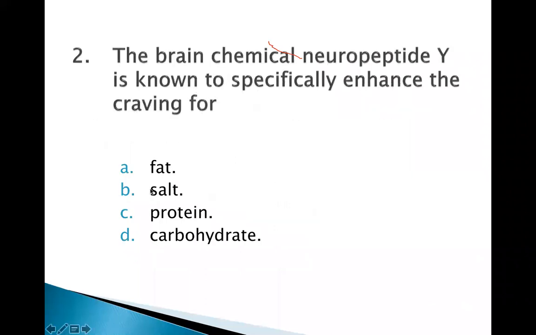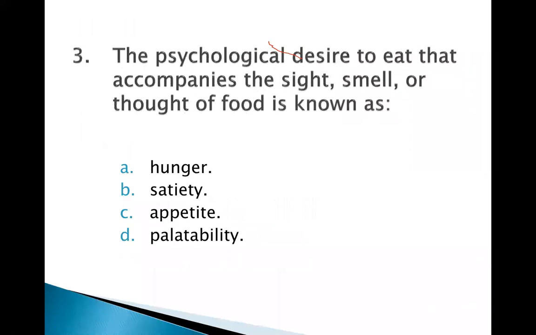The brain chemical neuropeptide Y is known specifically to enhance the craving for carbohydrates. Remember, why am I still hungry? Why do I keep eating? It's because I'm eating carbs and those are not satiating. The psychological desire to eat that accompanies the sight, smell, or thought of food is known as, hopefully you said, appetite.